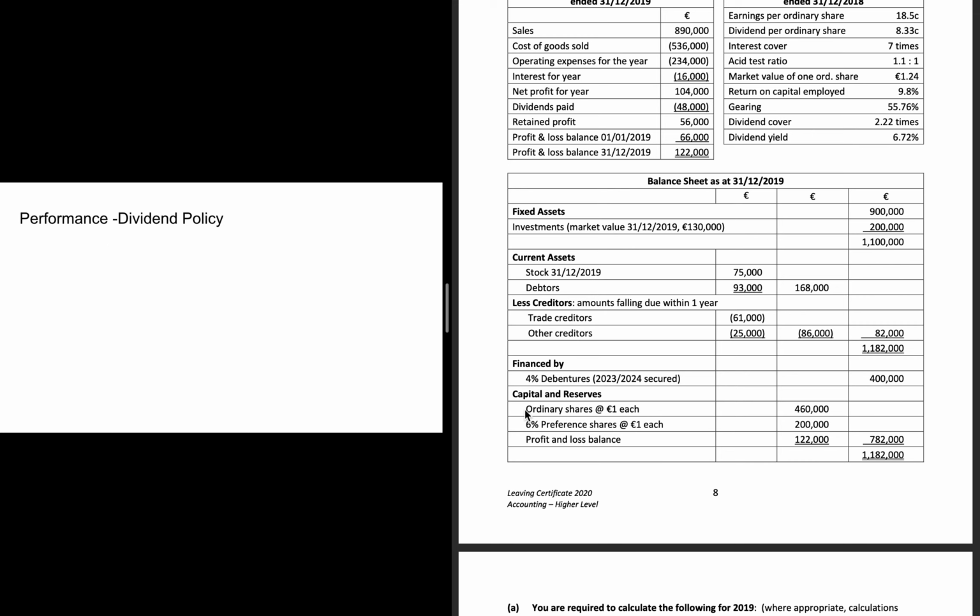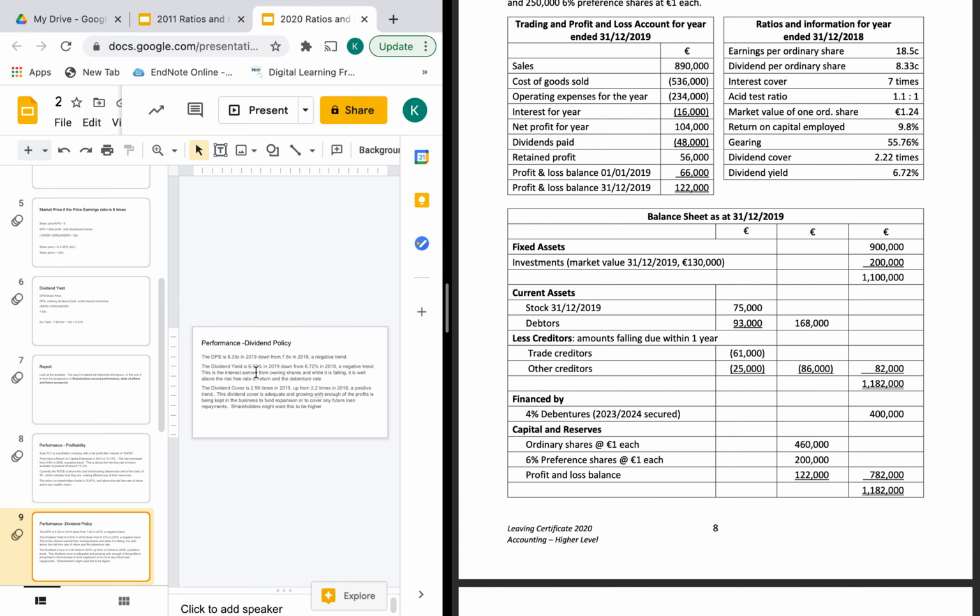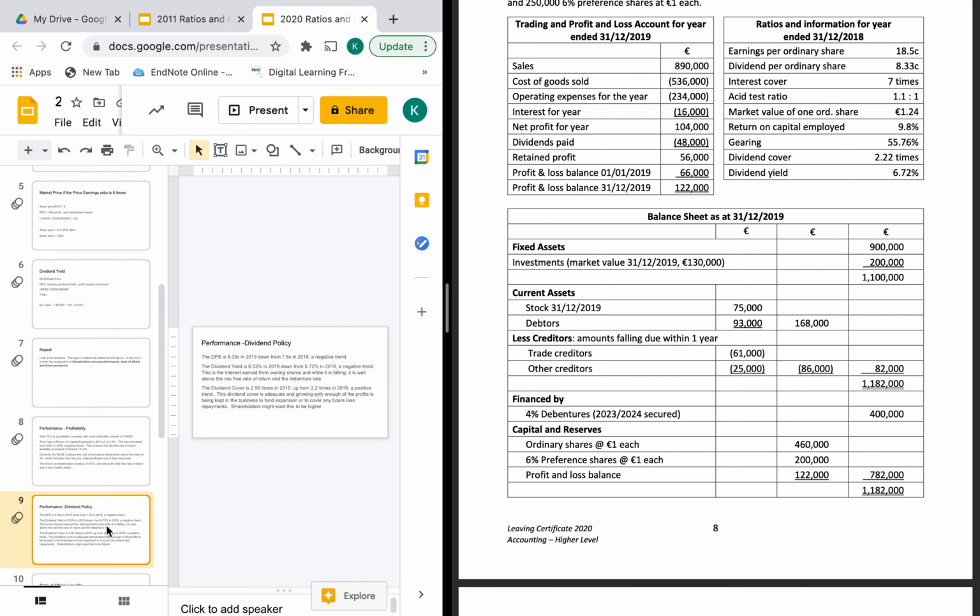The dividend policy then. So dividend per share is 8.3. That should be up. Sorry, I have them the wrong way around. Dividend per share 7.8, down from 8.3, which is a negative trend. I'll correct that as well. Actually, I'll correct it now. Policy, so.